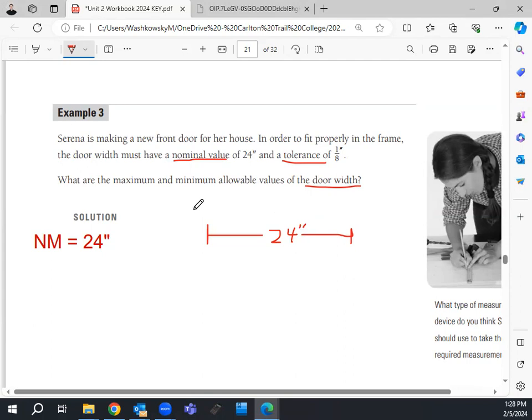But I'm also saying that this whole gap here has a tolerance of 1/8 of an inch. So if this whole thing is 1/8 of an inch, how can I find just this part? Well, this is half of that, right? So can't I just take half of the tolerance? If I want to find the maximum and minimum values, I need to move half of that distance away from it.